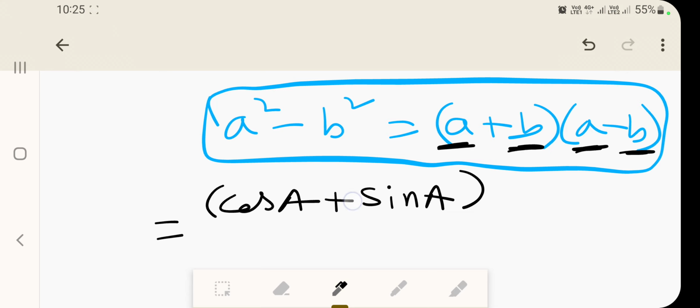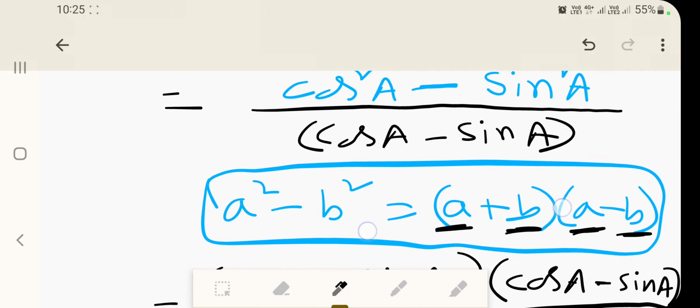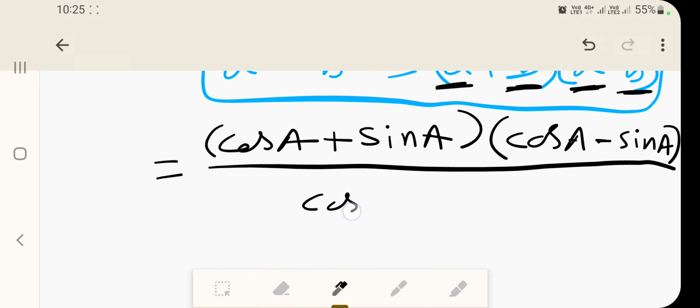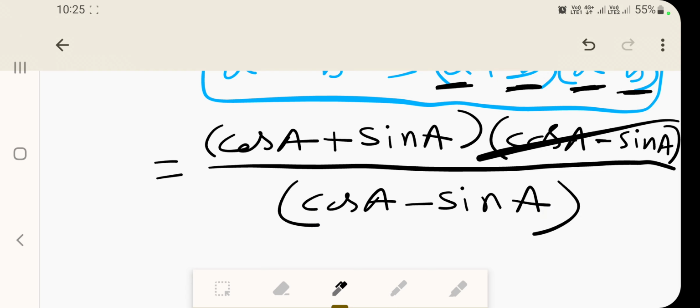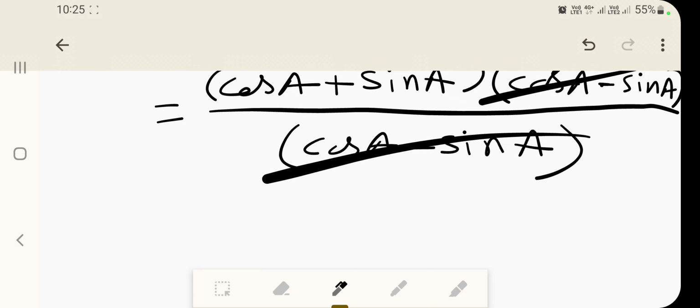So cos square A minus sin square A we write as cos A plus sin A into cos A minus sin A, whole divided by cos A minus sin A. So the numerator cos A minus sin A and the denominator cos A minus sin A get cancelled.